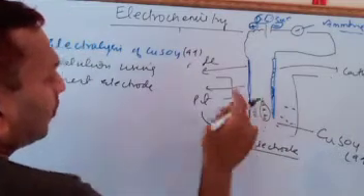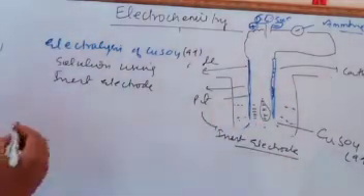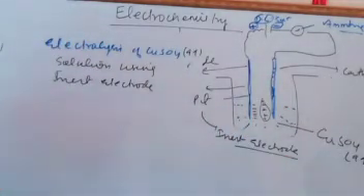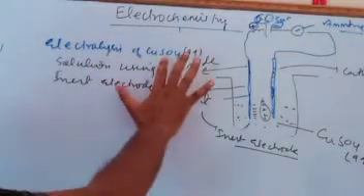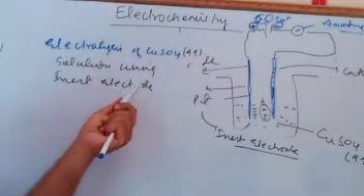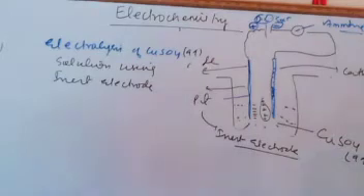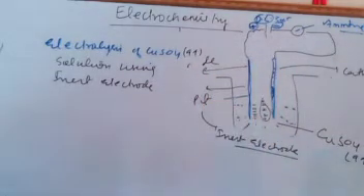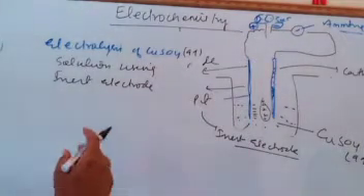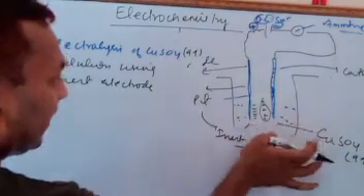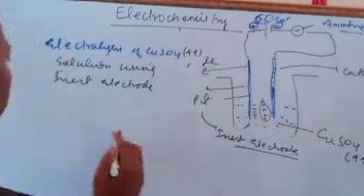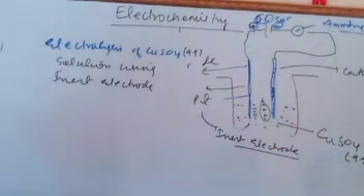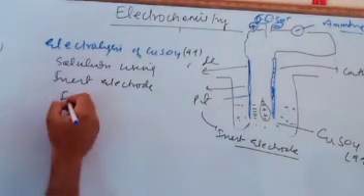This is the example: the electrolysis of copper sulfate solution using inert electrodes. Now we are going to study it. The solution contains copper sulfate and water. First, according to ionization theory, we will apply ionization theory.